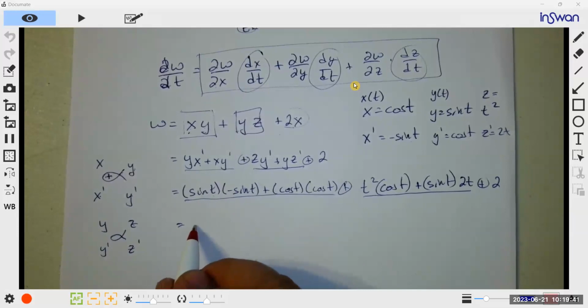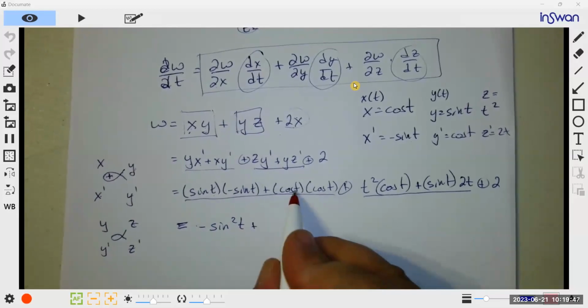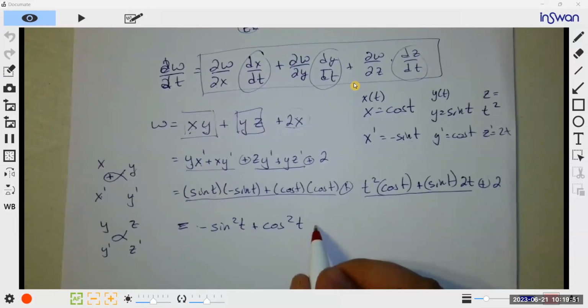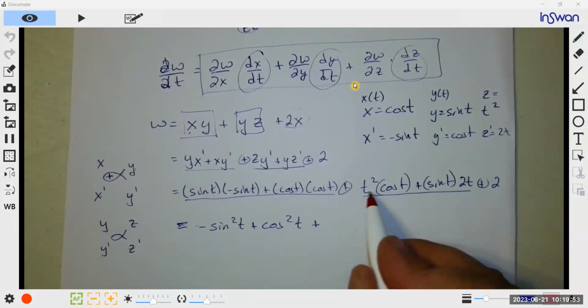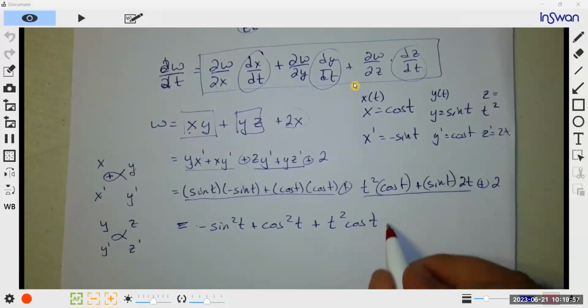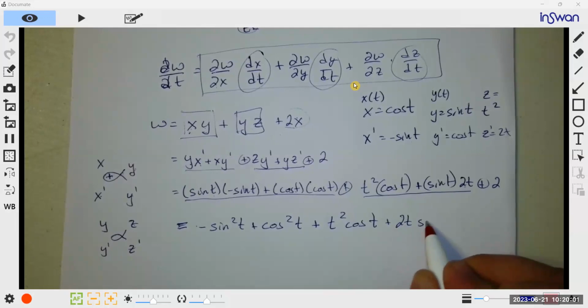Sine times negative sine is negative sine squared t. Cosine cosine is cosine squared t. t squared cosine t plus 2t sine t plus 2.